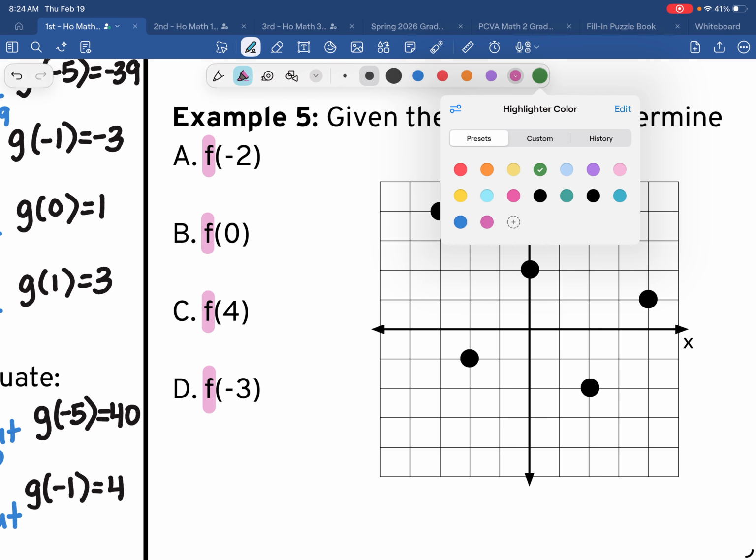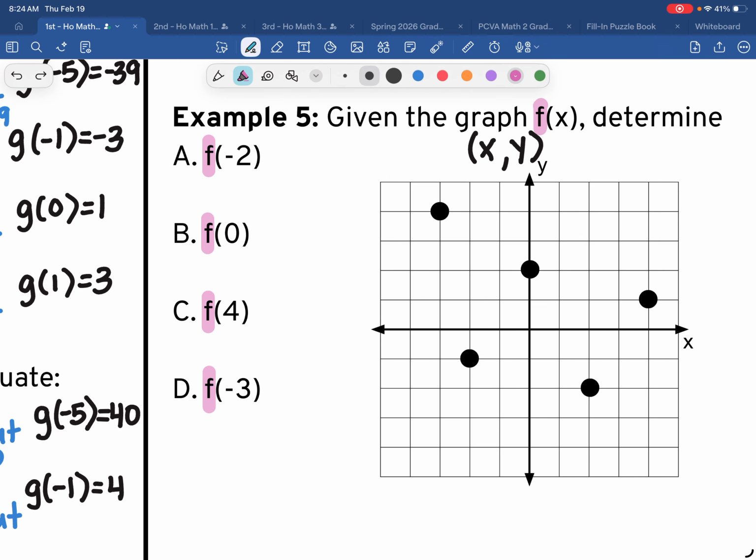Okay, so we have an input of -2. That's going to be an x. We have an input of 0, 4, and -3. So that means we're going to look and figure out f of x when x is -2. We're going to find where x is 0, x is 4, and then x is -3.